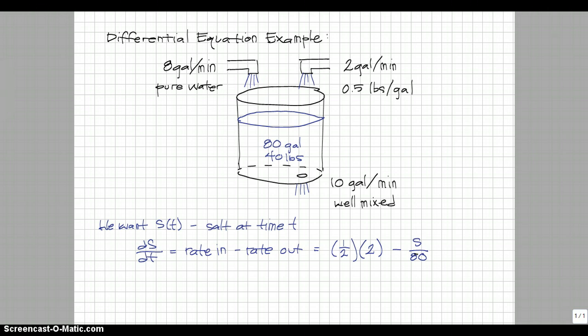So we're going to take S over 80 and multiply that by the rate of water going out, so multiplying by 10, and that sets up our differential equation. We can simplify it a little bit. We have ds dt is equal to 1 minus S over 8.